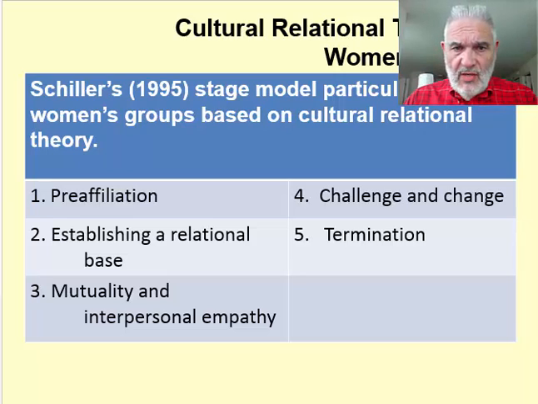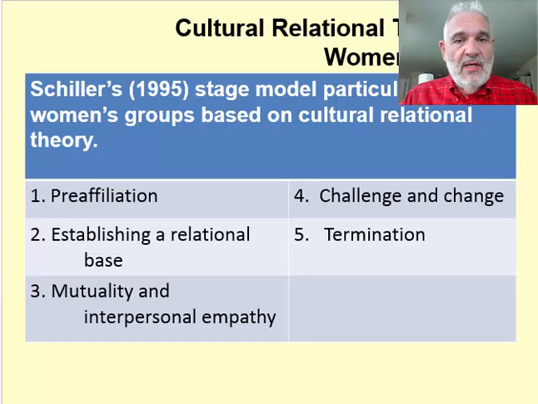It's this relational element that allows more significant work to happen within the group at an earlier point in time, where there's a shared respect for each other in establishing that base. Then mutuality and interpersonal empathy were able to emerge from that experience, and that is the locus of a lot of healing and change in one's life, because there's this mutual sharing: I'm not alone, we're in the same boat.